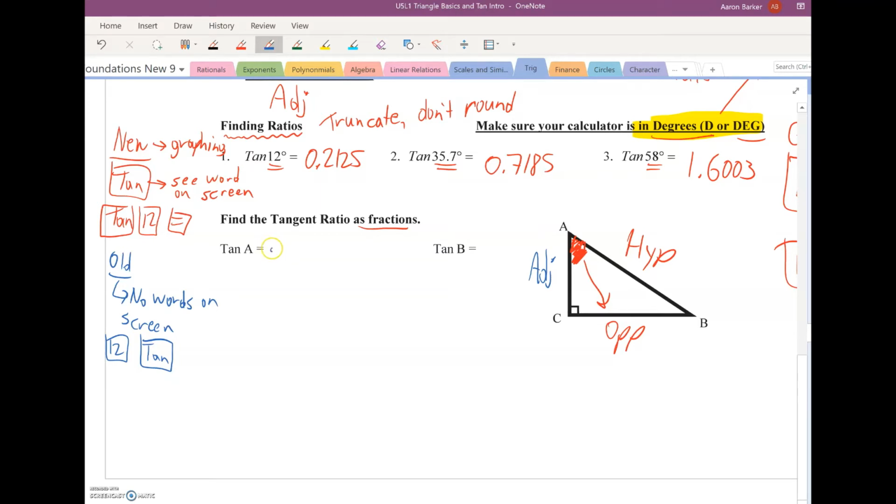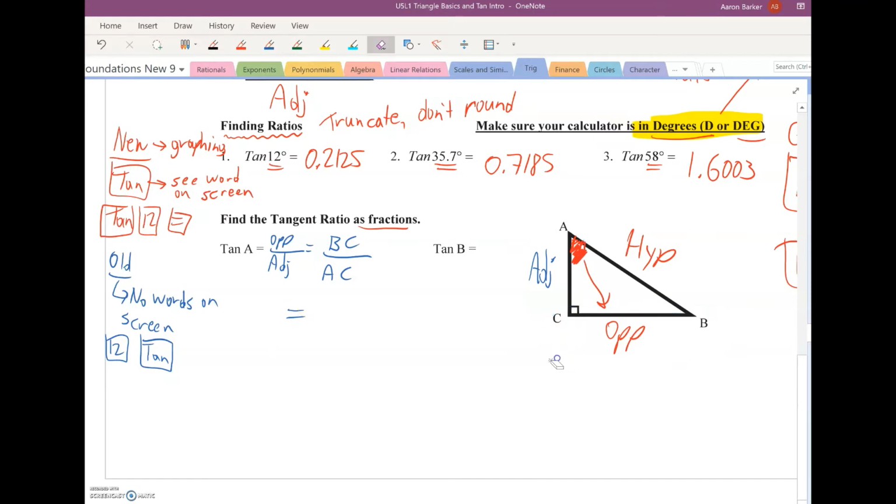So tan A equals opposite over the adjacent. So as a fraction, opposite side is this one right here. It's side BC. And the adjacent side is right here, AC. Okay? Or you could use your lowercase letters.